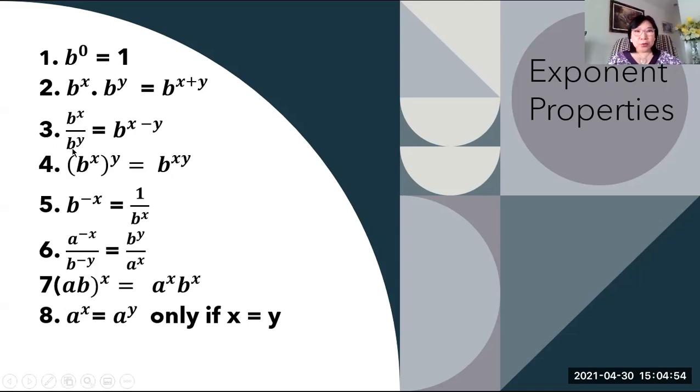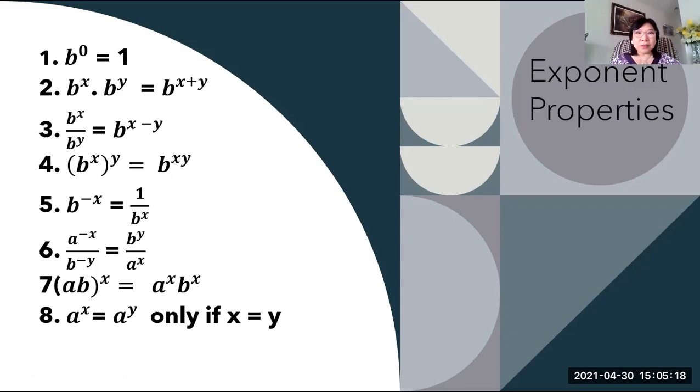Okay, so let's go to property three here. In property three, we talk about dividing numbers with powers. If you have two numbers with the same base, b to the power x divided by b to the power y, then the law says that in division, we subtract the powers. So you can see that it goes logically.